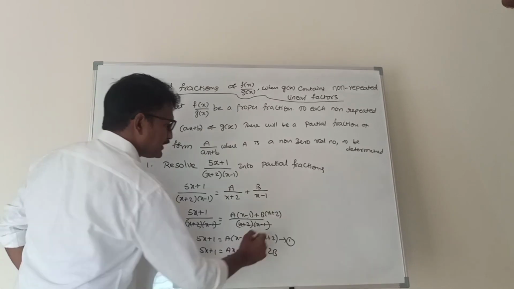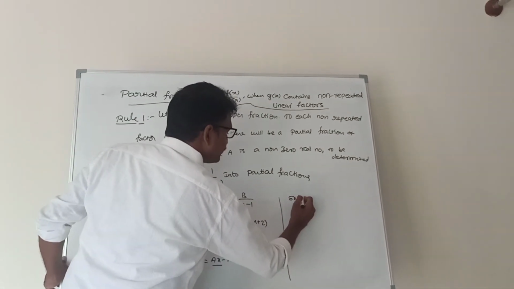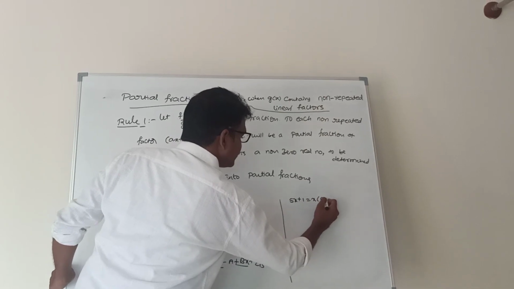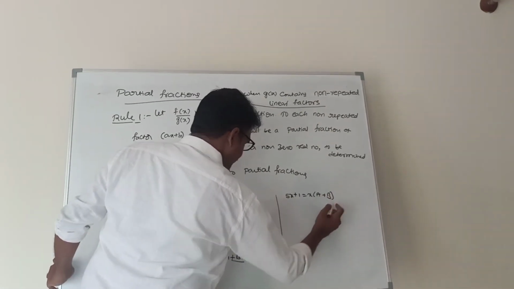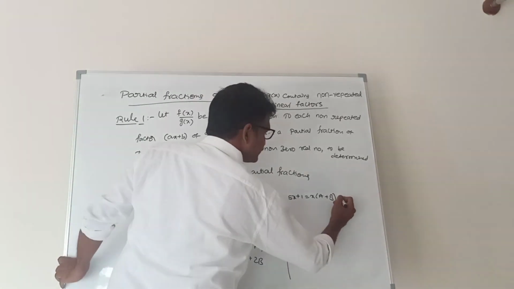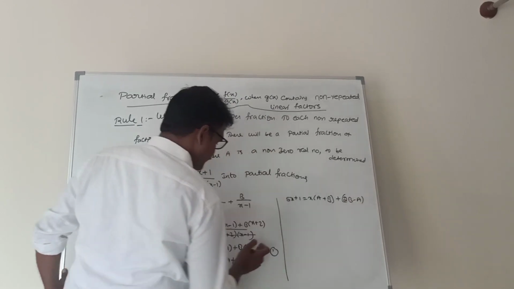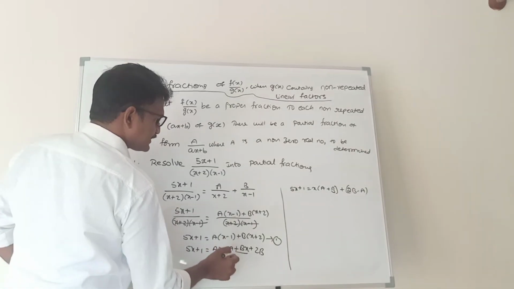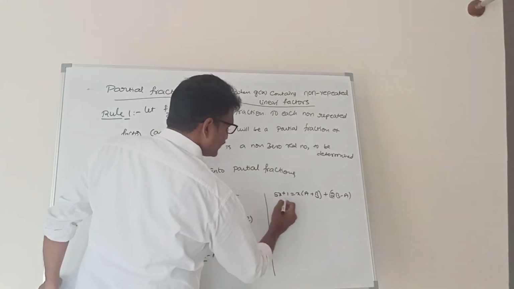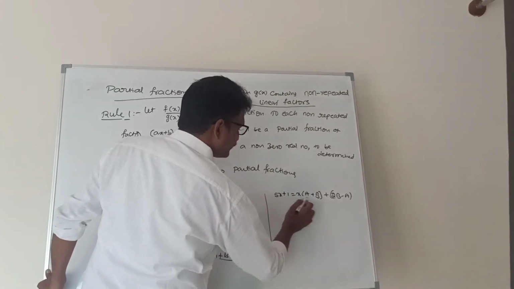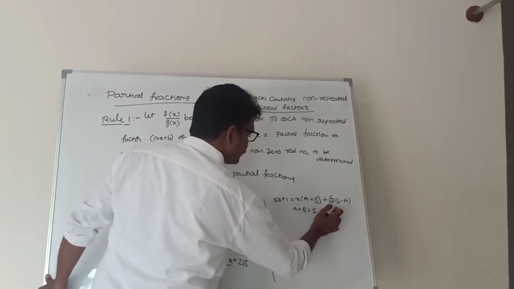Ax, Bx: what is common? x is common. 5x plus 1 is equal to x into (A plus B) plus 2B minus A. Comparing LHS and RHS, what is the x coefficient in LHS? 5. What is the x coefficient in RHS? A plus B. So A plus B is equal to 5.